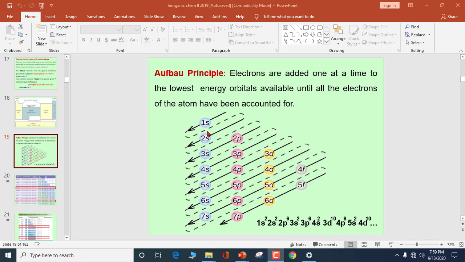You can remember one point: s can hold a maximum of 2 electrons. The p subshell can accommodate a maximum of 6. The d subshell accommodates a maximum of 10, and the f subshell can hold up to 14 electrons. So this is a little summary about the Aufbau principle.